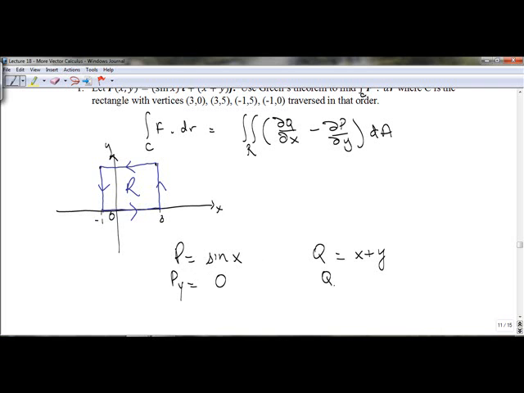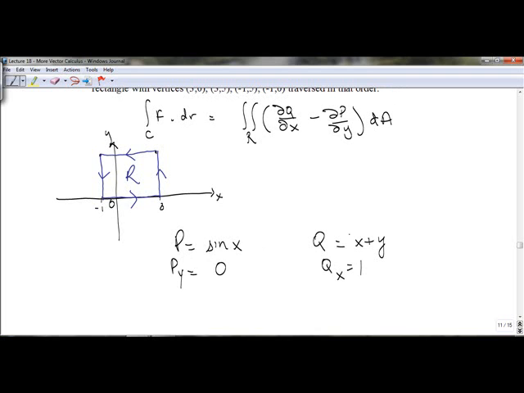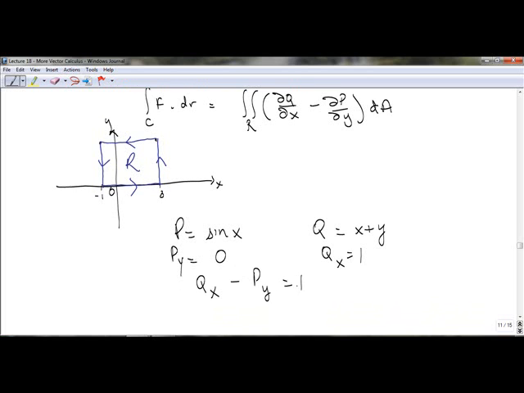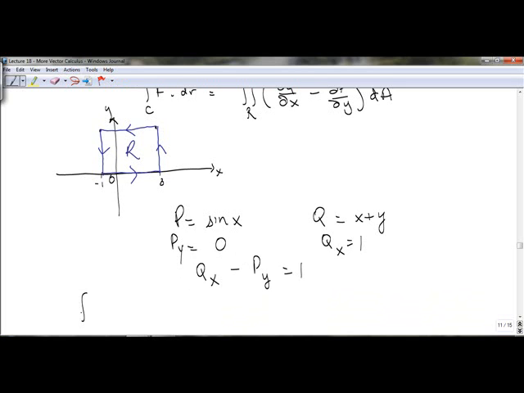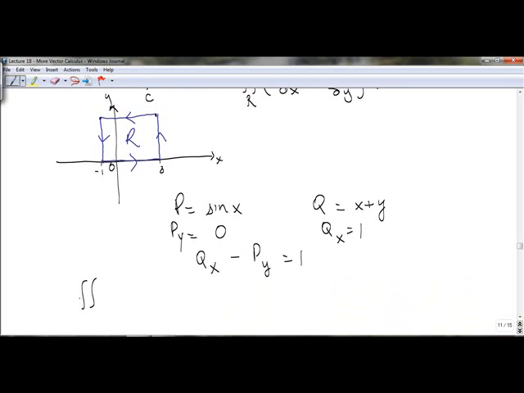What's the partial of Q with respect to x? 1. So the difference, the partial of Q with respect to x minus the partial of P with respect to y, is just 1. So what we are finding, therefore, is the double integral over R of 1.